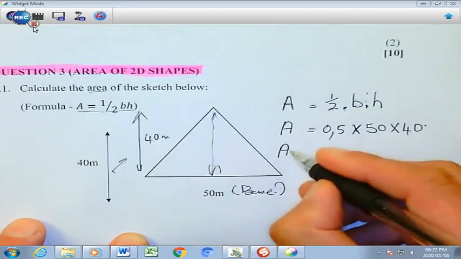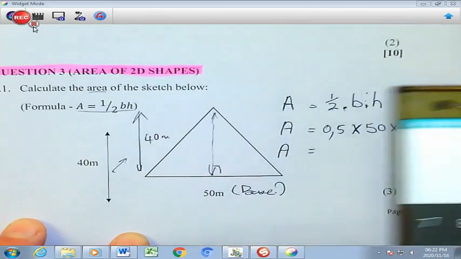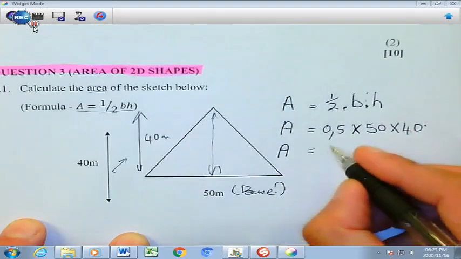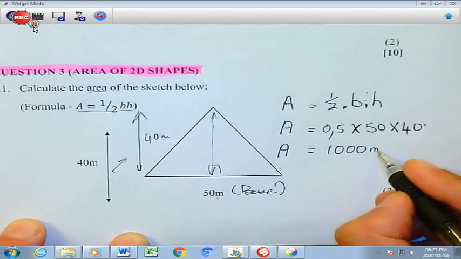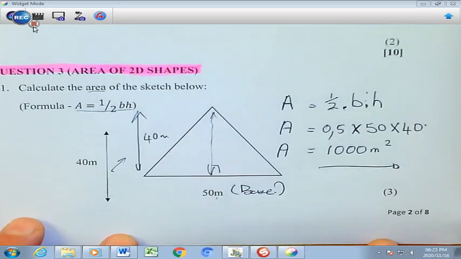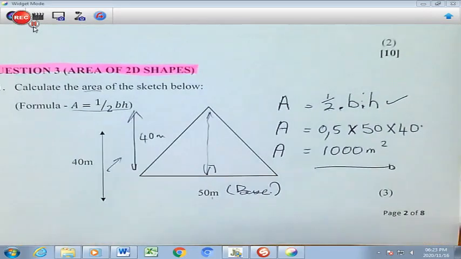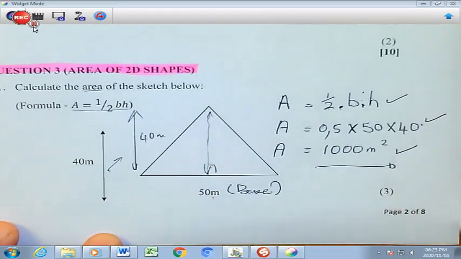And now you are going to take your subject of the formula down, which is A, and do the calculation of 0.5 times 50 times 40, and that is going to give you 1000. The unit is meter, and you are going to write meter square down like that. Okay, that will give you 3 marks: 1 mark for the writing down of the formula, 1 for the calculation, and 1 mark for the answer.